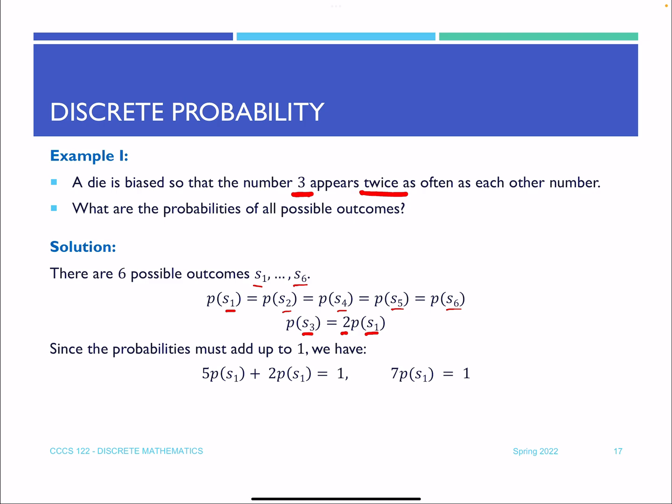Now, since the probabilities must add up to 1, we have this formula equal to 1. So sum up all the probabilities, it must add up to 1.